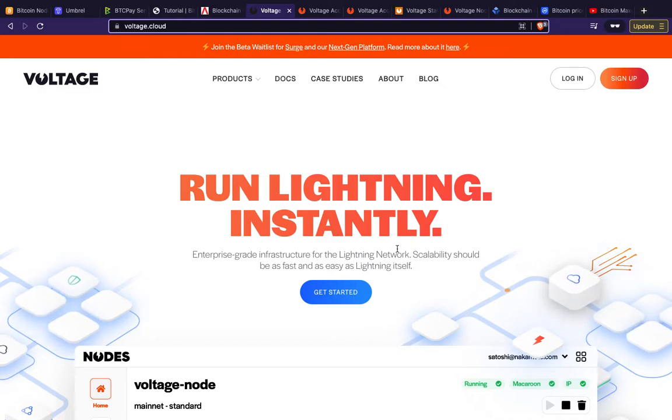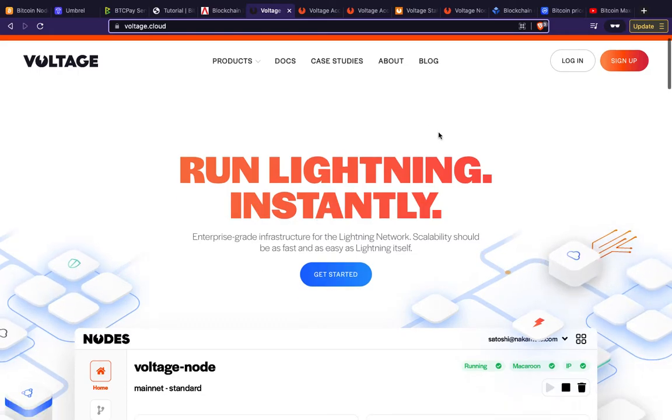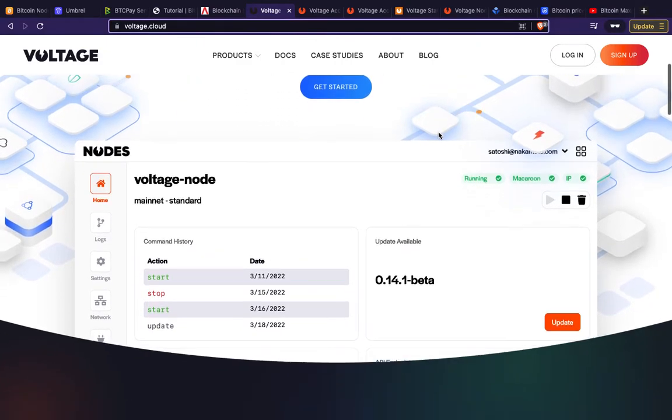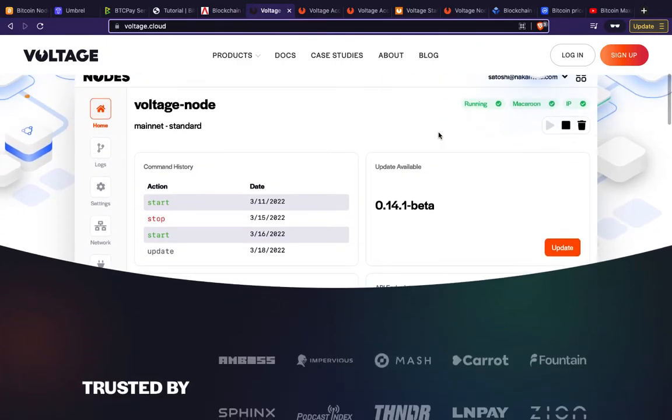It's a way to outsource your hosted node or your self-hosted node, but it's not like you're hosting it physically. It's different than having your own Raspberry Pi at your house. Voltage will basically handle all that for you. So they will just do the cloud for you.